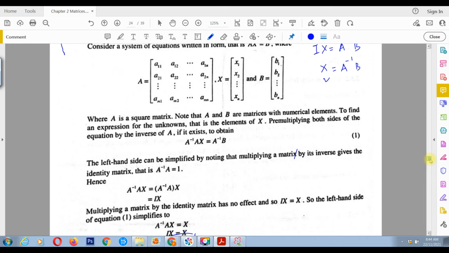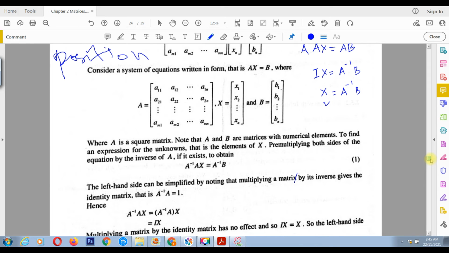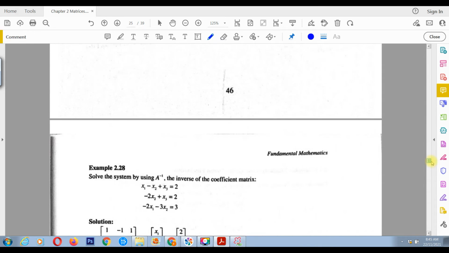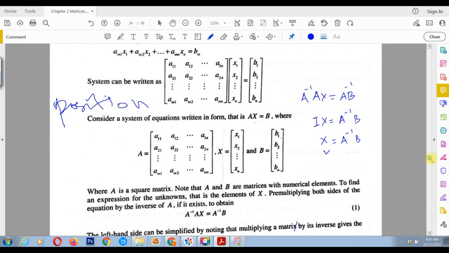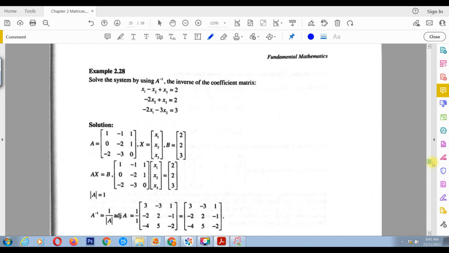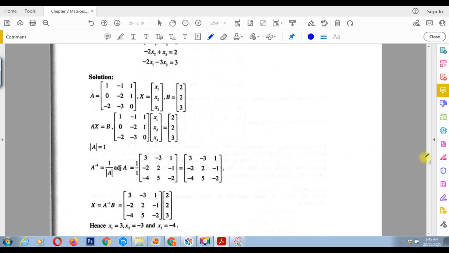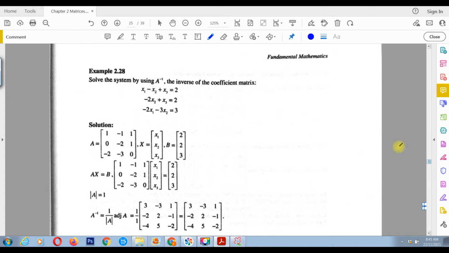So it is a theory of how to find the solution for the matrices. So now we go to the example. We have these matrices solved by using A inverse, the inverse of the coefficient matrix. First of all, make sure the variables are equal to each other.